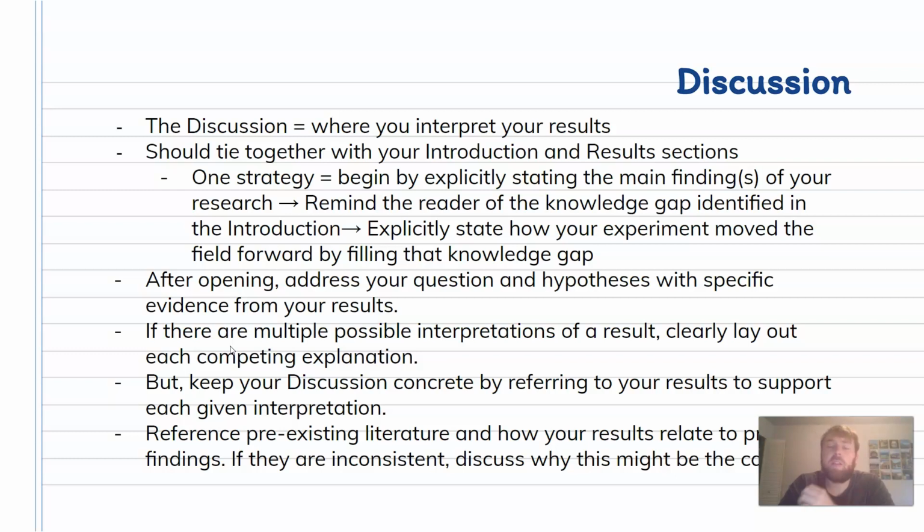But you want to keep your discussion section as concrete as possible, as bare bones as possible, very specific as possible, by referring to the results to support each given interpretation. Meaning that if you have multiple interpretations, yes, you may pick and choose which one you think is appropriate, but you're going to use your data, your specific results, to back up that claim.